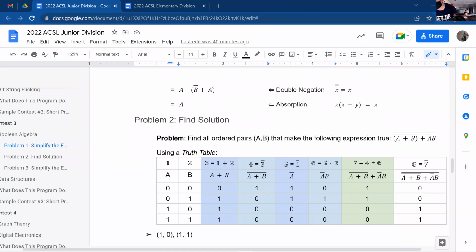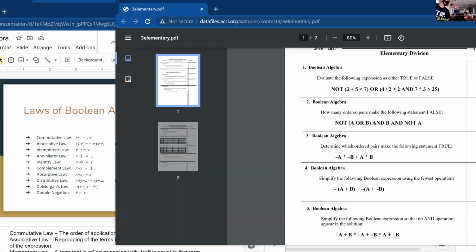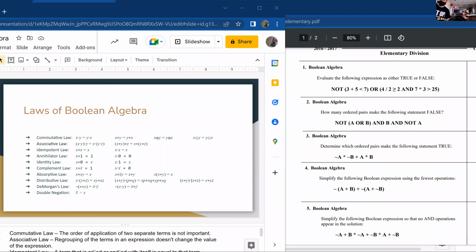And AND is the star, right? Okay. You guys answered the questions, helped each other already.